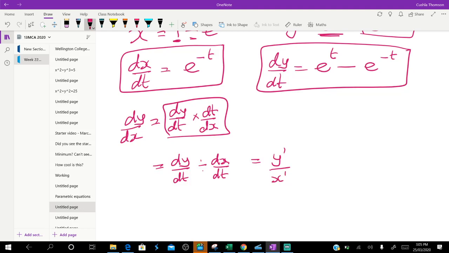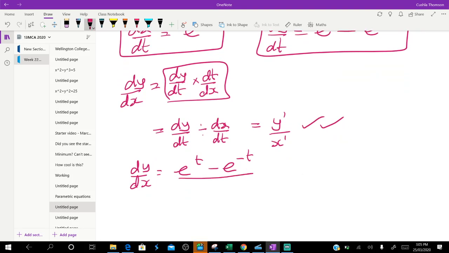It's y dash over x dash, and that's perfectly okay notation here, even though I don't like it. Right, so all we've got to do now is go dy by dx is equal to this. It's e to the t minus e to the negative t divided by e to the negative t.